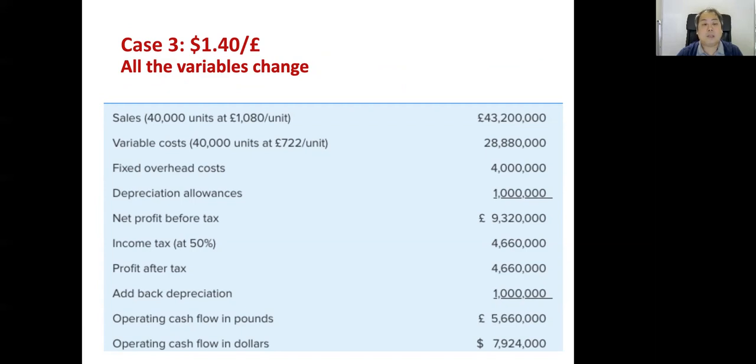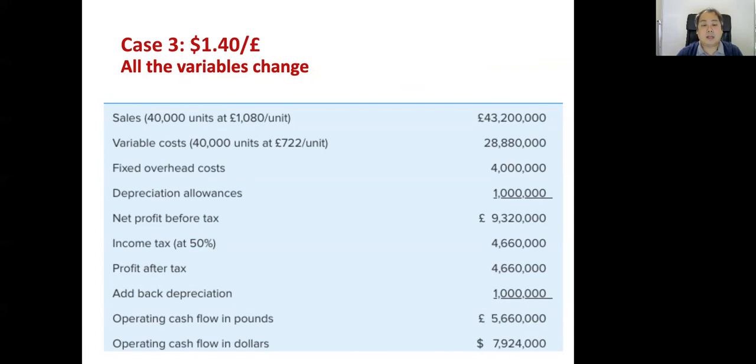And let's say they can only sell 40,000 units, and the price they can get is 1,080 pounds, and the variable cost is 722 pounds. Again, you calculate the operating cash flow in pounds and dollars. Eventually, it's lower than the original case.